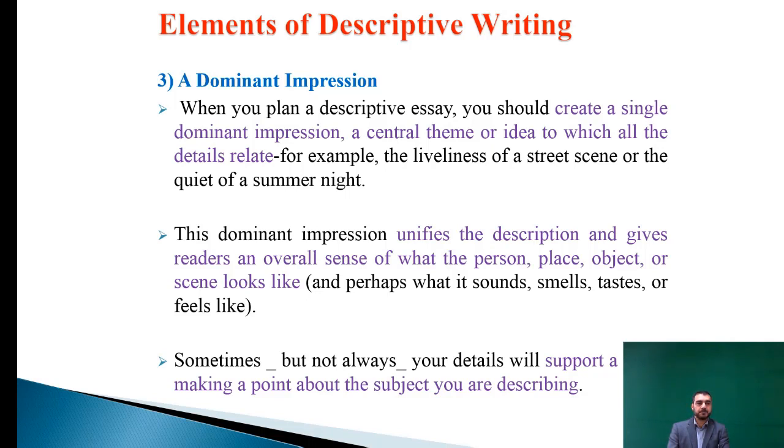This dominant impression unifies the description and gives readers an overall sense of what the person, place, or object looks like, and perhaps what it sounds, smells, tastes, or feels like. Sometimes, but not always, your details will support a thesis making a point about the subject you are describing.